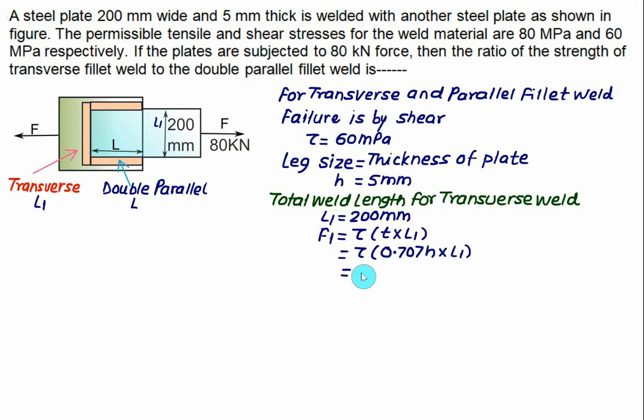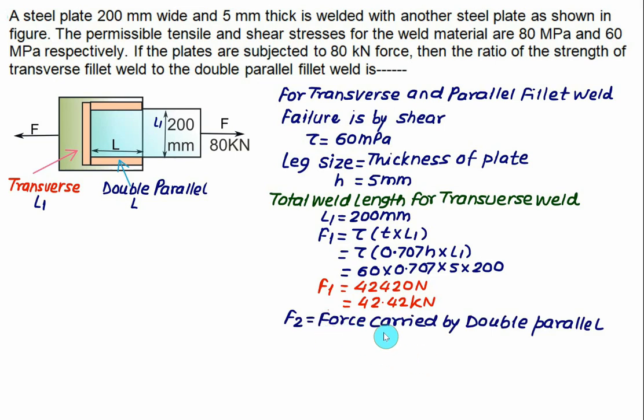Tau value you have to use as 60 multiplied by 0.707 multiplied by H, the leg size equal to 5, and the length L equal to 200. So we get F1 equal to 42420 Newton. That is 42.42 kilonewton.